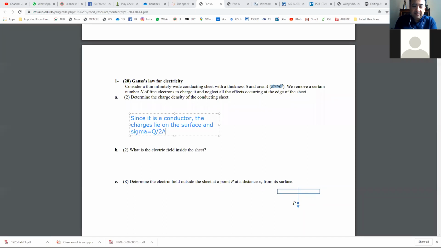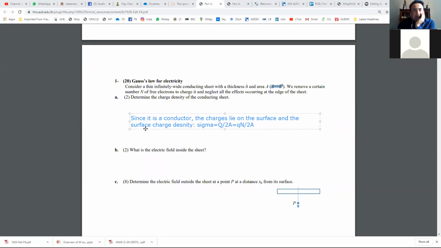You can write it like this, or it is equal to small q n divided by 2A. So there is the conductor, and then the surface, and the surface charge density sigma is equal to nq divided by 2A.